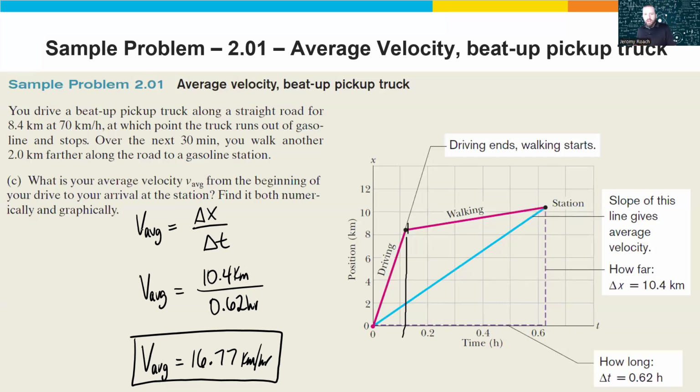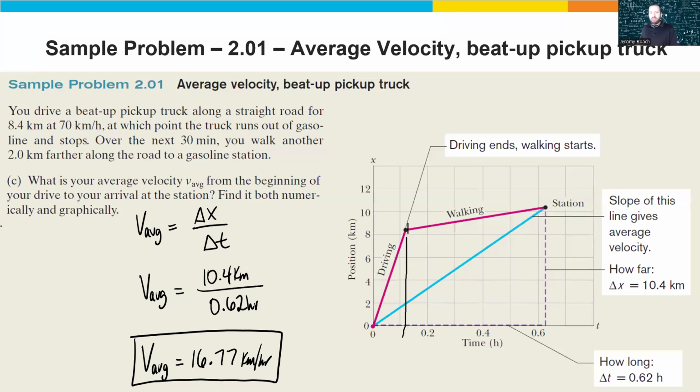So we want to find our average velocity from start to finish. And to do that, we're going to find our total displacement, which is 10.4 kilometers, divided by our total time, which we calculated in part B, 0.62. So we do our total displacement divided by our total time, and we get 16.77 kilometers per hour for our average velocity for the entire trip.